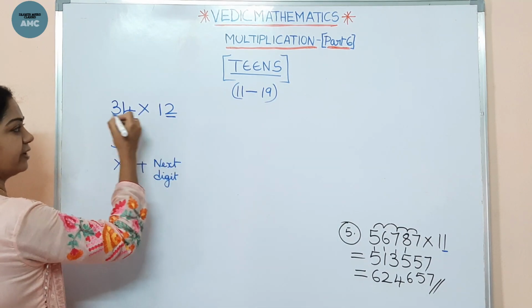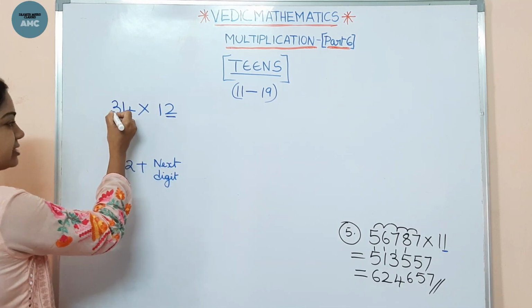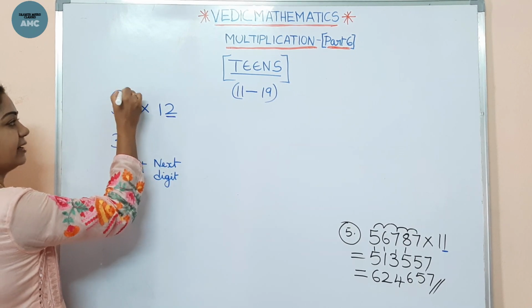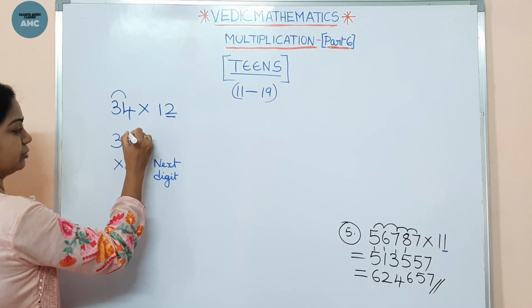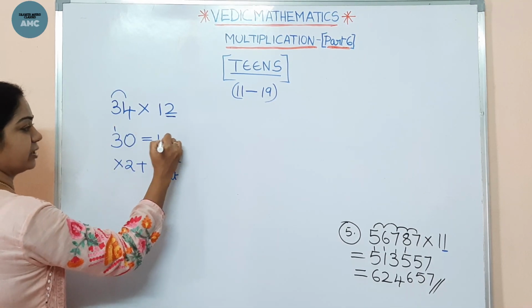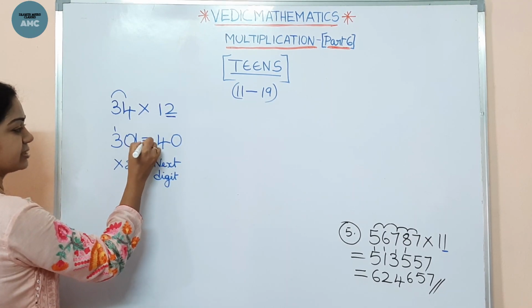12. So what we have to do, first number as it is, then take the first number, multiply with 2, 3 2s are 6, add 4, 6 plus 4 is 10, okay? 0 and 1 carry. So the number here is 40. And we have to also write the last number.